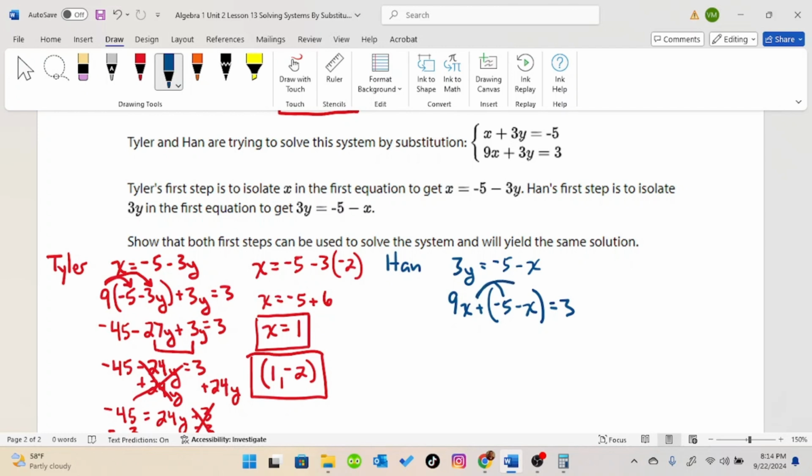Distribution, this becomes 9x minus 5 minus x equals 3. Combine the x terms, and 9x minus x becomes 8x.